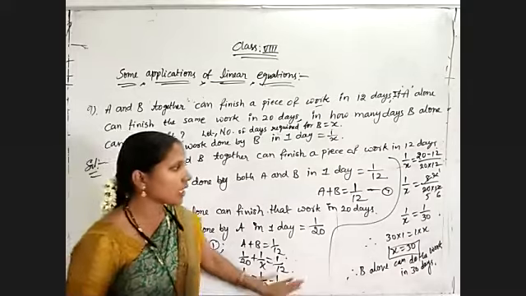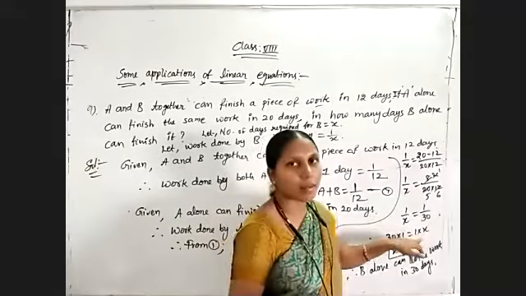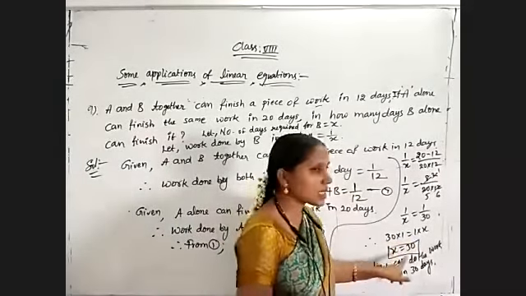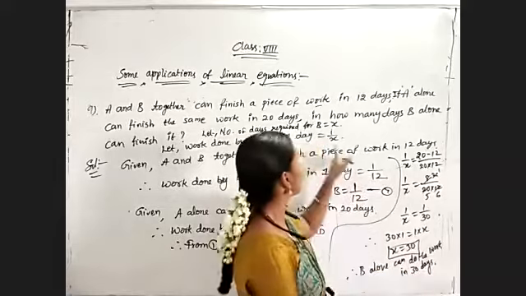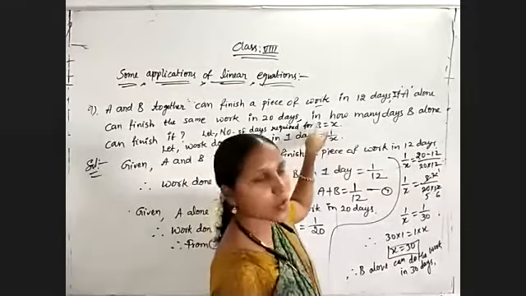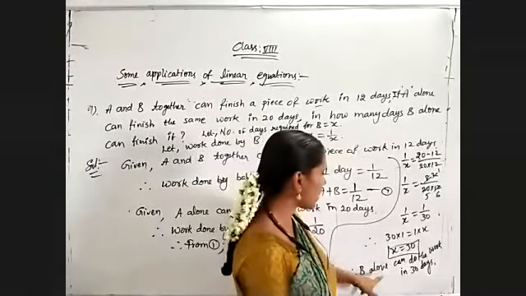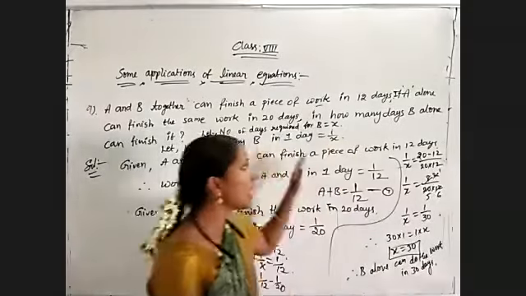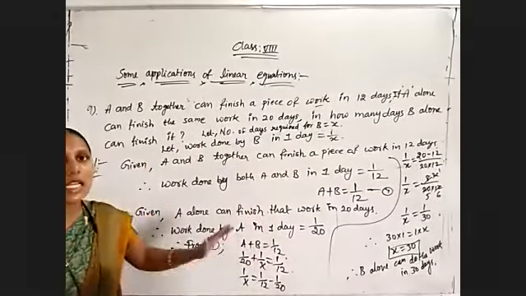By simplifying that, you will get 1 by X is equal to 1 by 30. That is nothing but X is equal to 30. So B alone can finish that work in 30 days.